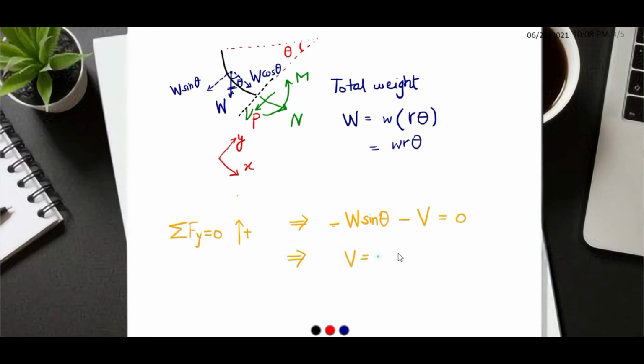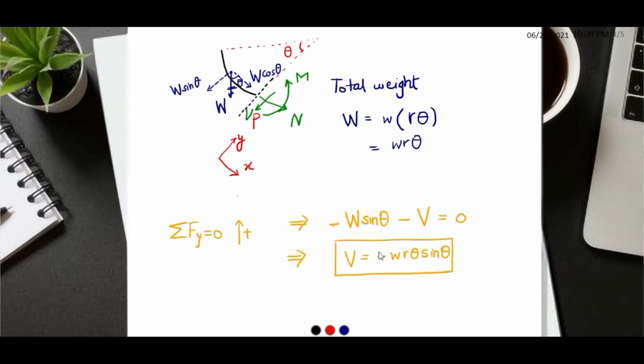V equals minus W R theta sine theta. This is our expression. In this case, shear force is negative according to our sign conventions.